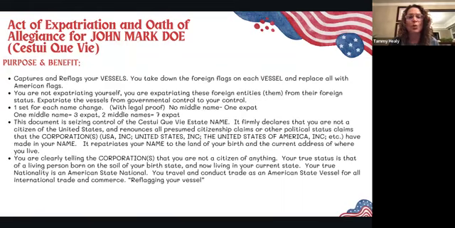No middle name, one expatriation; one middle name, and a third expatriation; 2 middle names equals 7 expatriations. So basically what they're saying is that if you are married and you have 2 names, your birth name and now your legal name, your married name, you'll be doing 6 expatriations, 3 for your maiden name and 3 for your married name.